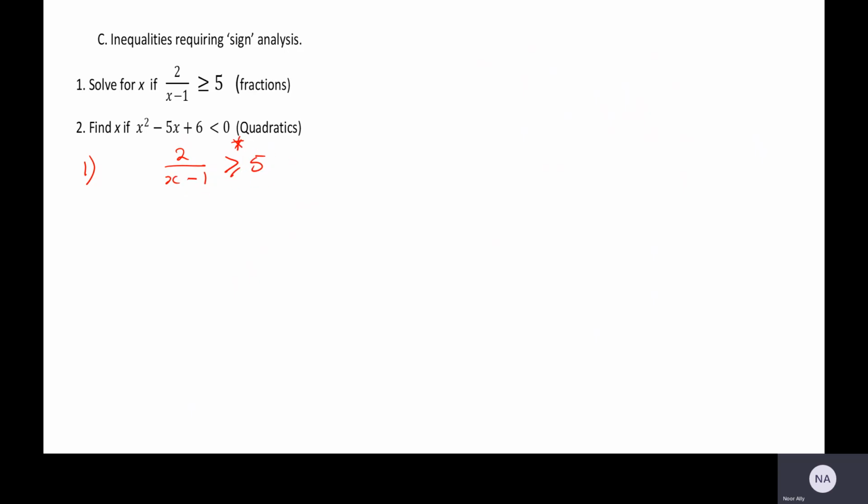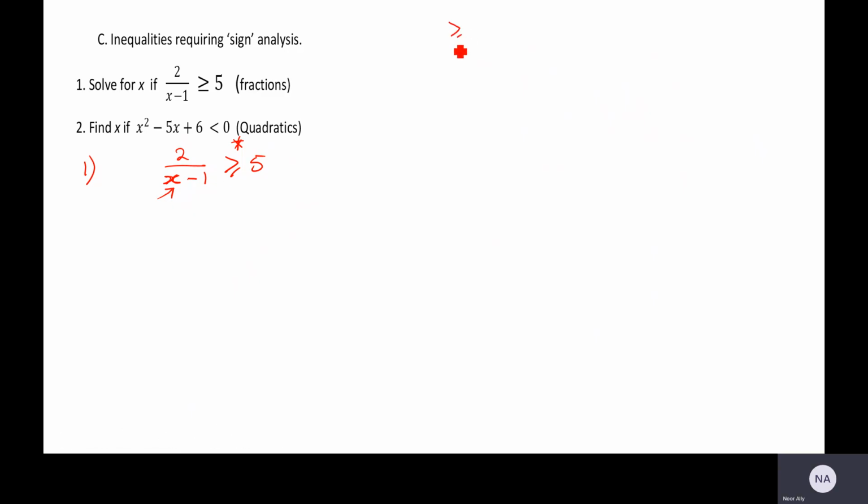This is an inequality. Many students make the unfortunate mistake of multiplying by the LCD when they have a fraction in which the variable appears in the denominator. Now, you must be careful because, in essence, we have to consider signs.